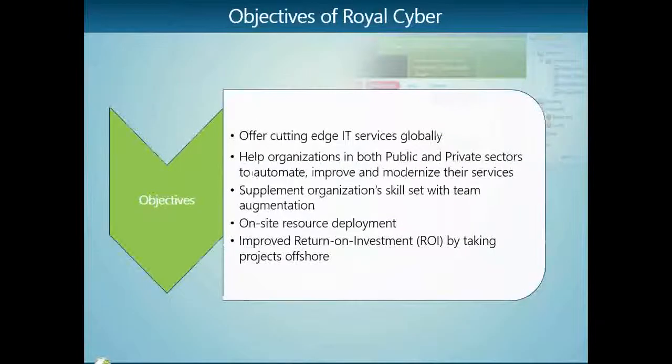These are a few of our objectives, as you can see on the screen. Basically, we strive to create a win-win situation for our clients and help our customers achieve the best ROI at minimum cost.